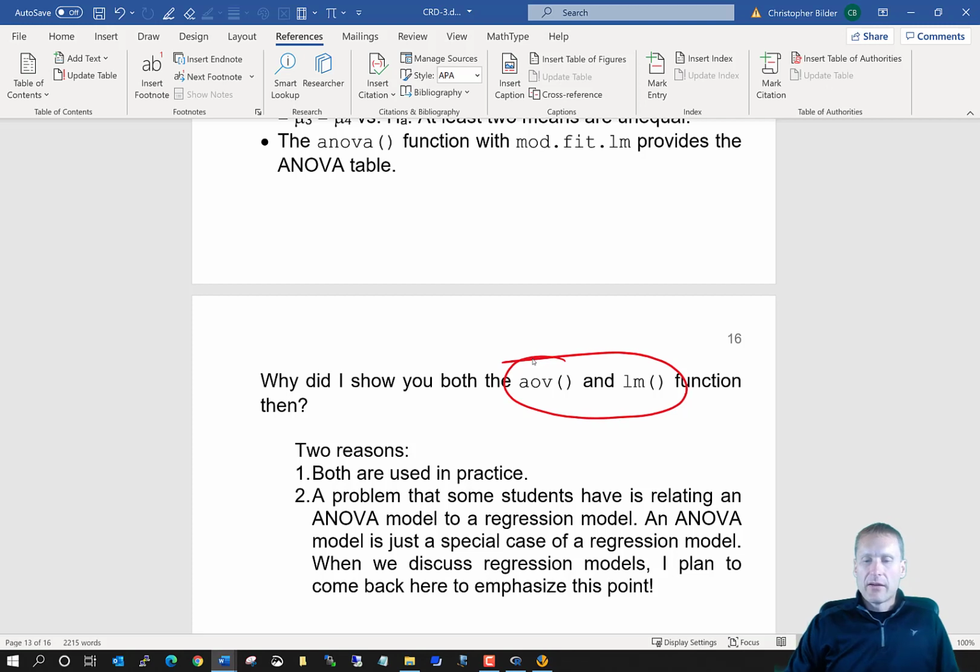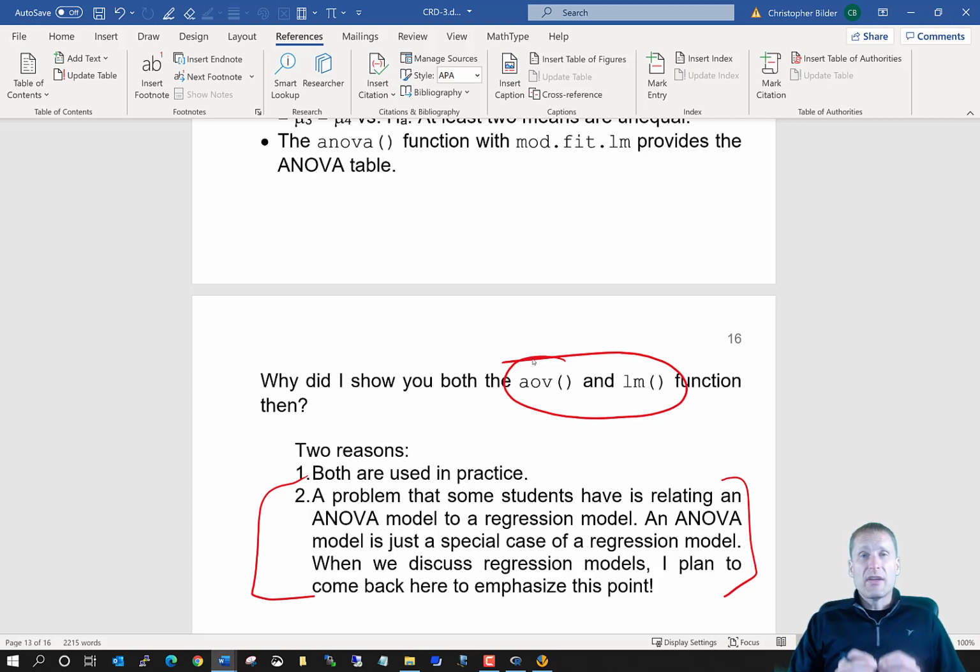The reason why I'm showing you this is as follows. Both of these aov and lm functions are typically used in actual practice. Okay? But this is really the big one. And that is a problem that some students have, relating an ANOVA model to a regression model. We will go into regression models in detail shortly. But an ANOVA model is a special case of a regression model that we will see later.